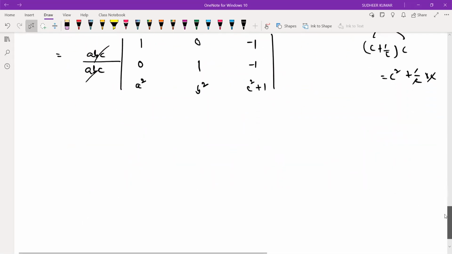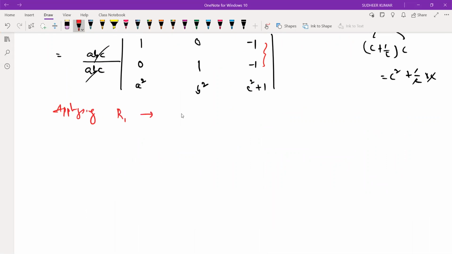Next. Still, if it is possible to make it as zeros, we'll try to make it as zeros. So if you see this one, we can make it 0, right? So applying R1 changed as R1 minus R2.